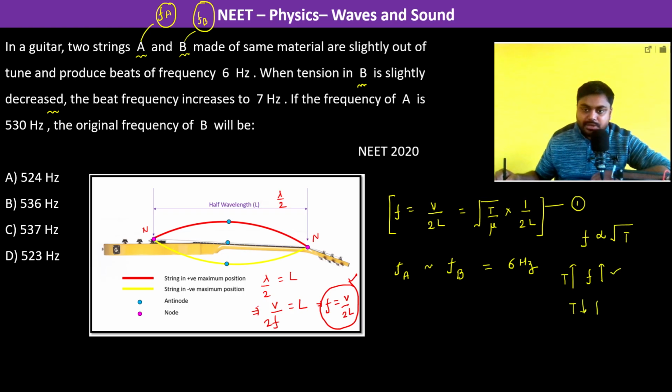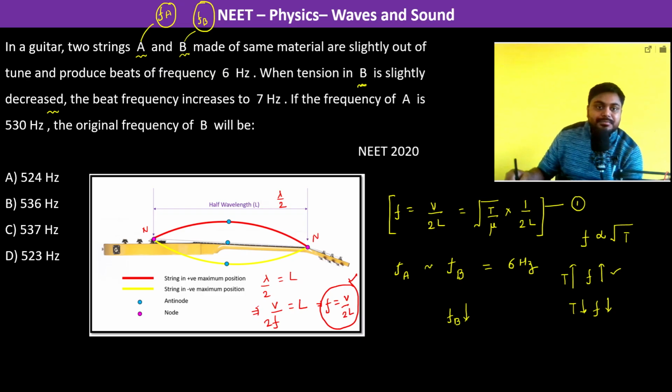Tension decreases, frequency will be decreasing. So now what has happened? When the tension in B is slightly decreased, that means when the frequency of B decreases, the beat frequency is 7 Hz.